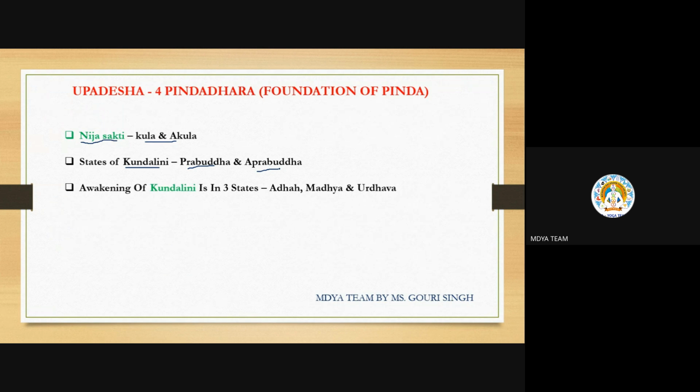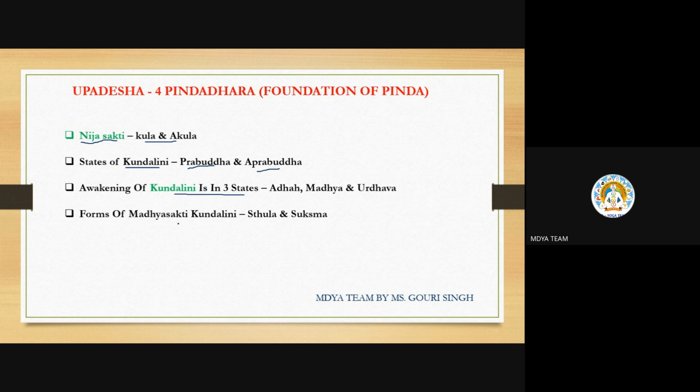Okay, and the awakening of the Kundalini happens in three states, the Adha, Madhya and Urdhva. What is the process of awakening the Kundalini? Whenever the Kundalini is not awakened, that is the dormant stage, the Adha. Whenever it opens up a little bit, it is the Madhya state. And whenever it is fully awakened, that is called the Urdhva. Okay, that is discussed here in this Upadesh 4.